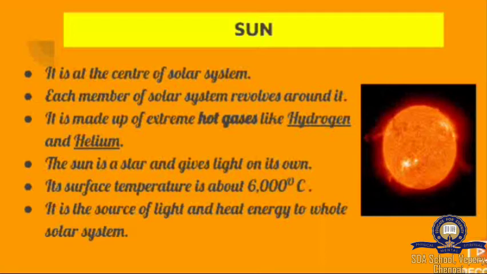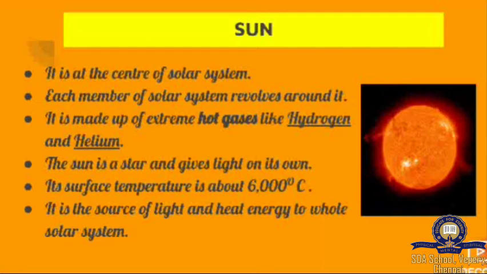The sun is made up of extremely hot gases like hydrogen and helium. The sun is also a star and it gives light on its own. The surface temperature is believed to be 6000 degrees Celsius, and the sun is a source of light and energy to the whole solar system.